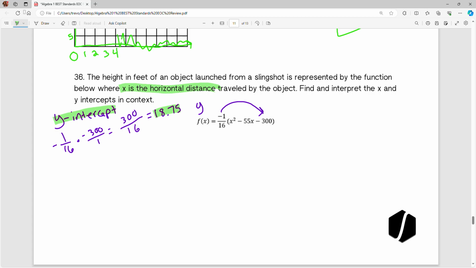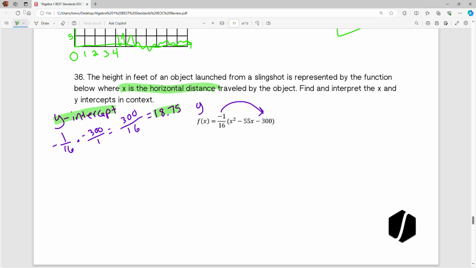And now for our x-intercept, when y is 0, we can factor out the negative 1/16, but I need two numbers that multiply to 300 and add to 55.